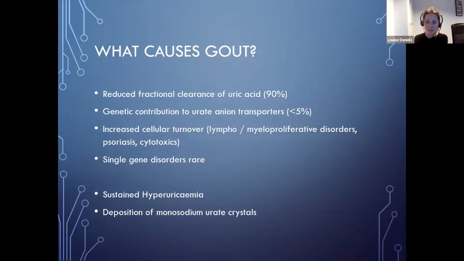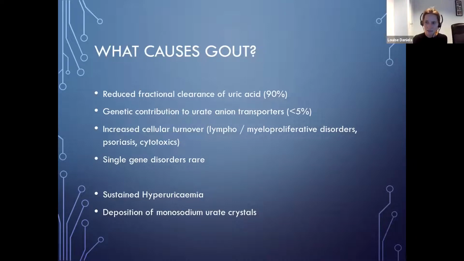Increased cellular turnover, so in conditions such as myeloproliferative and lymphoproliferative disorders, psoriasis, or when we're using cytotoxics, you can get increased cell breakdown, and that can lead to gout. Single gene disorders being responsible for gout are very rare.